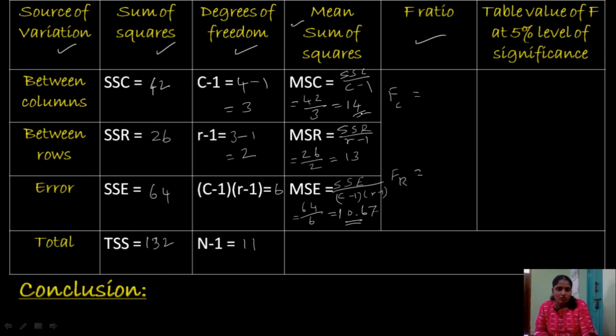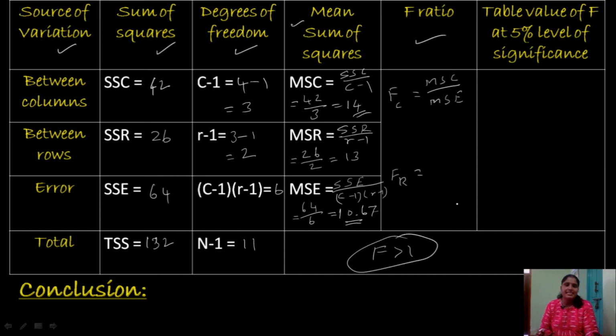So look at the two values, 14 and 10. Here 14, that is MSC, has the greater value when comparing with MSE. Since the resulting value of F ratio should be greater than 1, based on that we have to choose the numerator value of F. The higher value occupies the numerator and the lower value occupies the denominator.